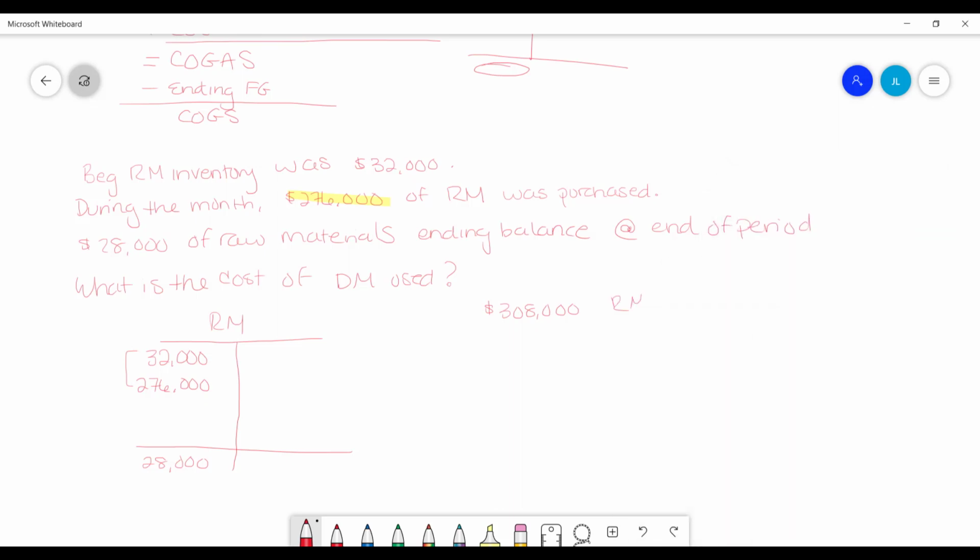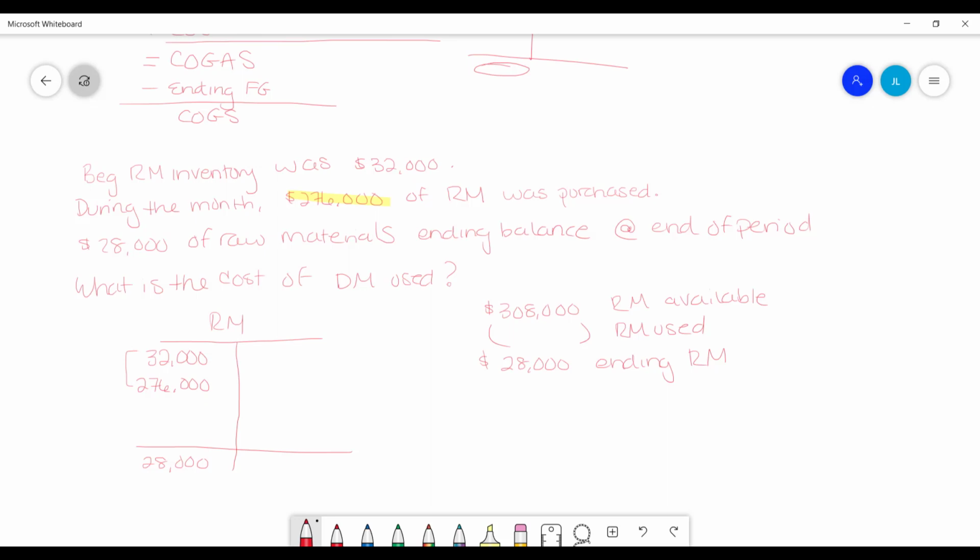That was our raw materials available for the period overall, based on what we had started with and what we bought additionally. We had $308,000 of raw materials available, but then we ended the period with 28,000 of raw materials. So how much raw materials did we use?